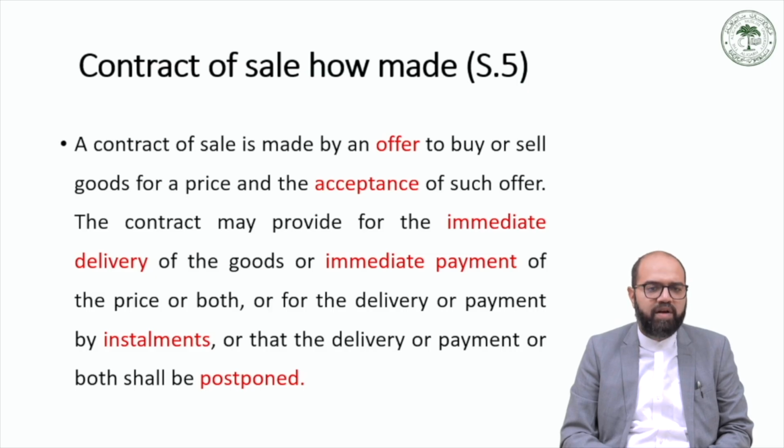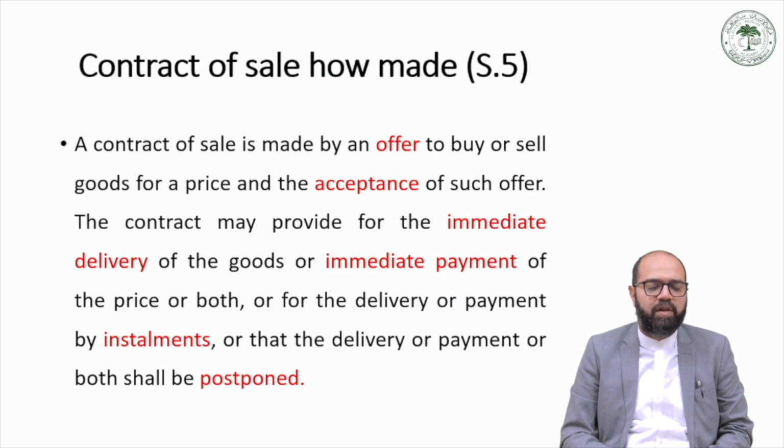So for your benefit, I have highlighted some keywords here. First is the offer, second is the acceptance, which is a basic of all contracts, no less than a contract of sale of goods. However, there can be various ways in which the buyer and the seller may perform their part of the promise.